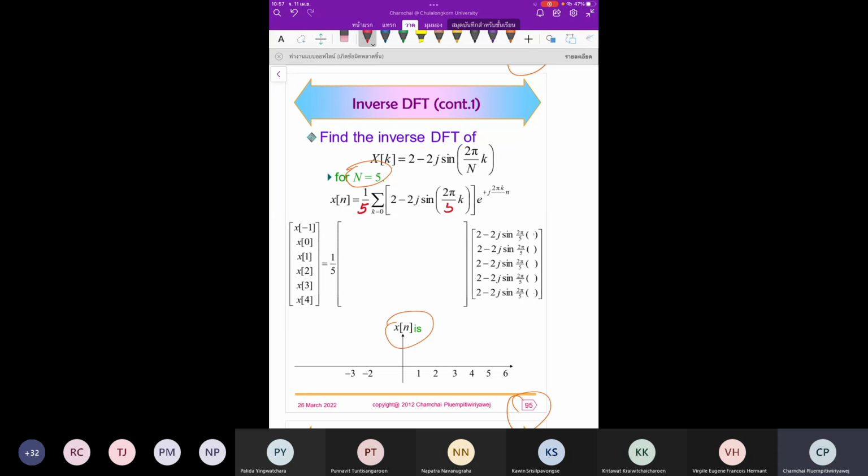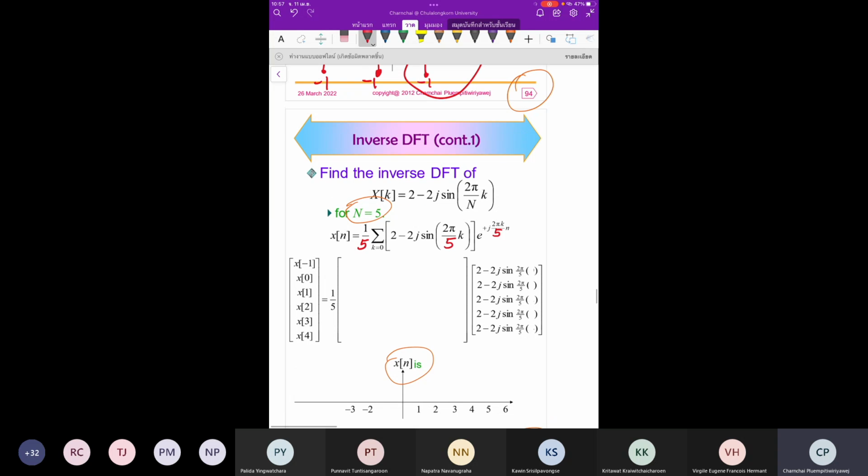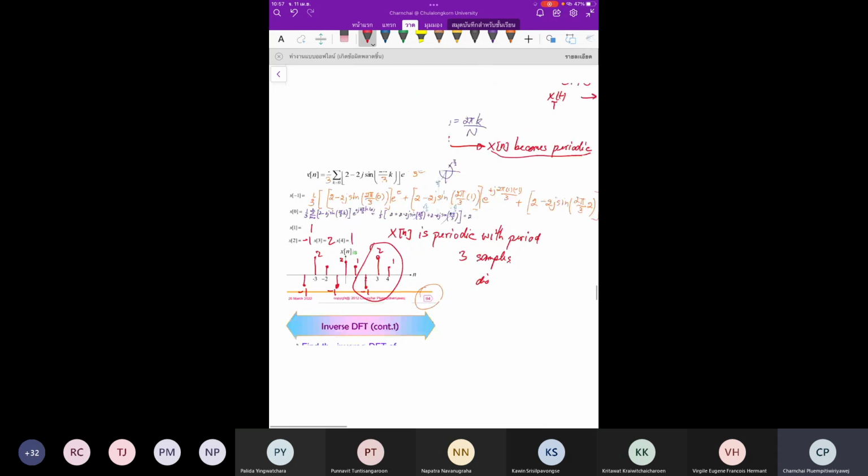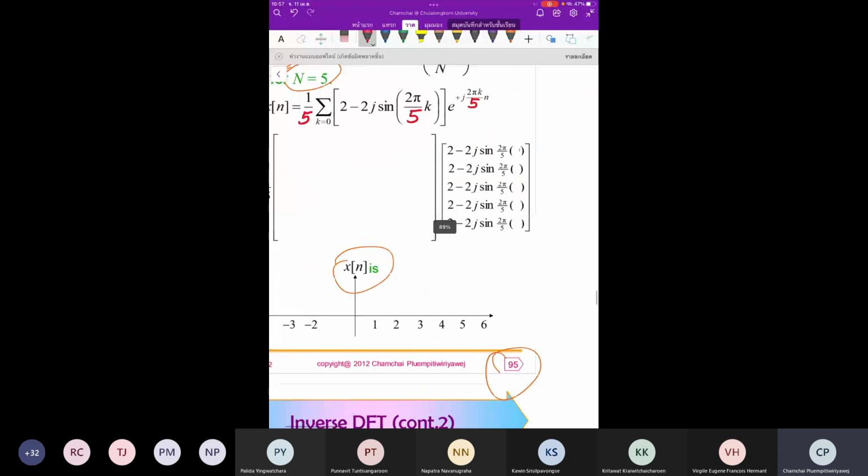N equal to 5, this is 2 pi over 5, and that's 1 over 5. It's probably easier to do it in matrix form instead of writing it the long way. We can form a matrix.